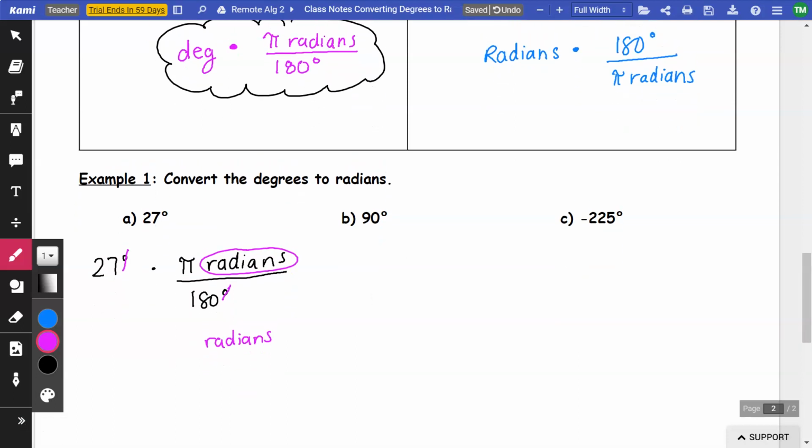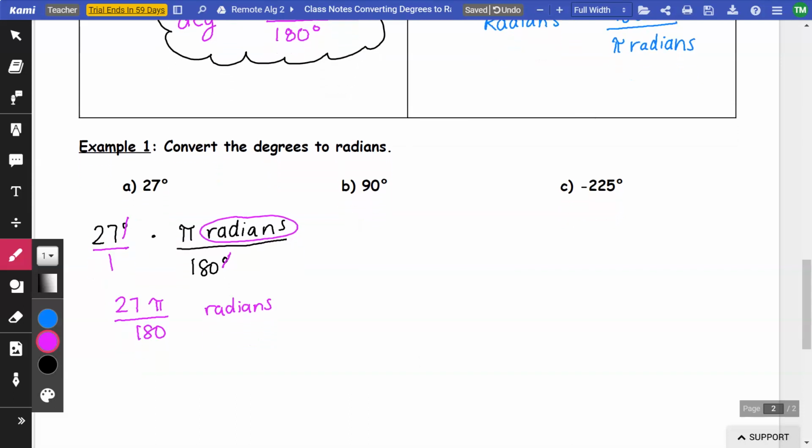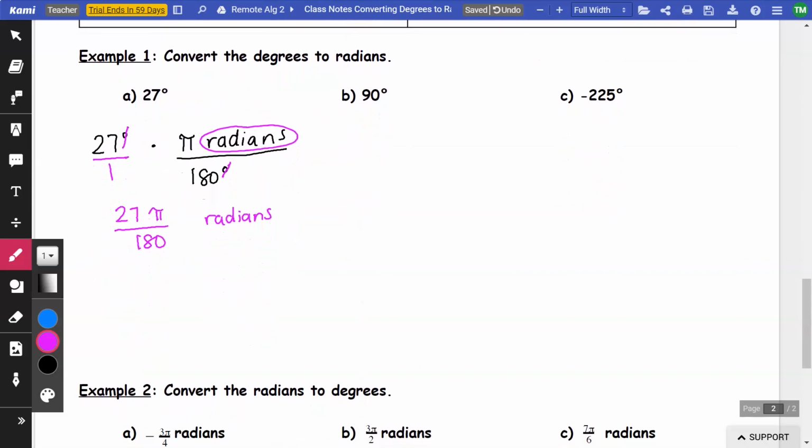I'm going to have 27 times pi, so 27 pi. Technically, isn't 27 degrees over 1? So then I'm just multiplying 1 by 180. So 27 pi over 180. So 27 degrees is 27 pi over 180 radians. But we need to simplify this just like we would any other fraction. I know that 9 goes into 27 and 180.